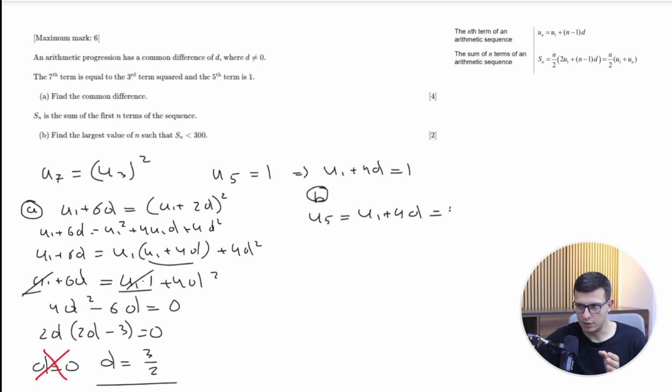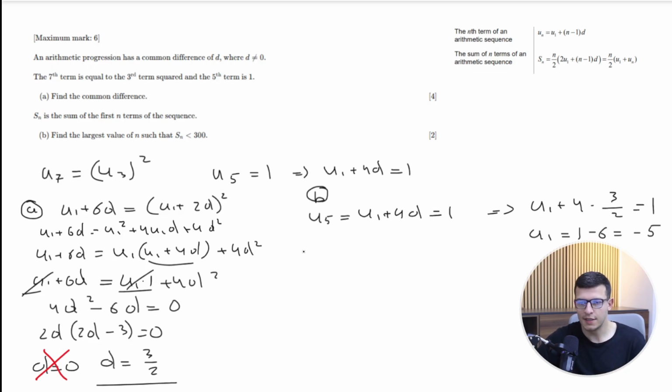And that's equal to 1. So we can say u1 plus 4 times 3 over 2 equals 1. And then u1 is going to be equal to what? 1 minus 6, and that's going to be negative 5. Yes, so u1 is going to be negative 5.